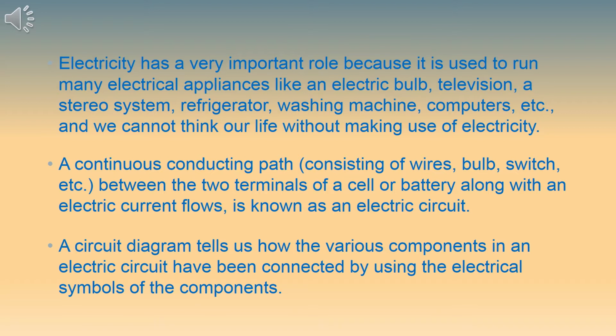A circuit diagram tells us how the various components in an electric circuit have been connected by using the electrical symbols of the components. We will also learn about these electrical symbols in further slides.